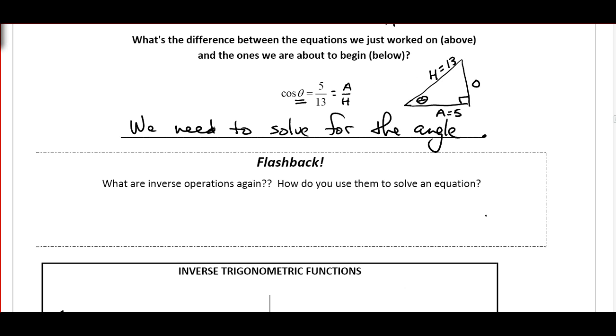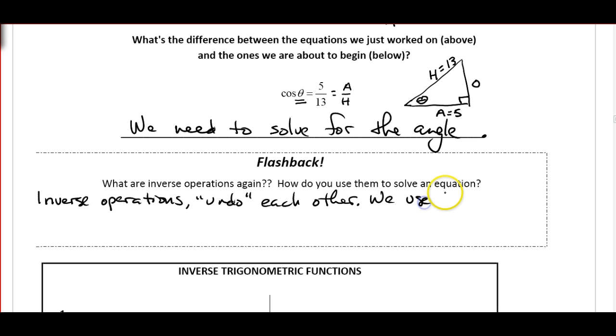So let's take a look back here. We need to have a small conversation about inverse operations and how we use them to solve equations. Inverse operations, in a non-technical sense, undo each other.